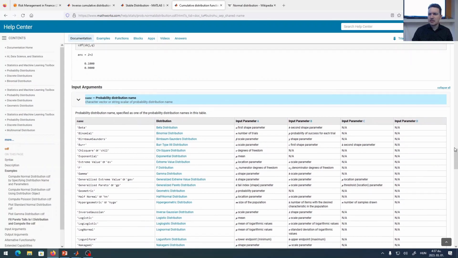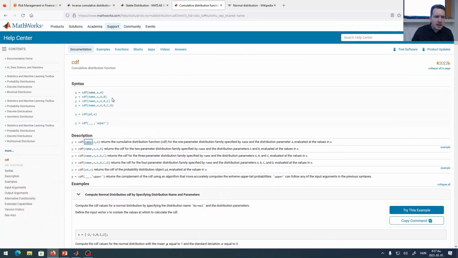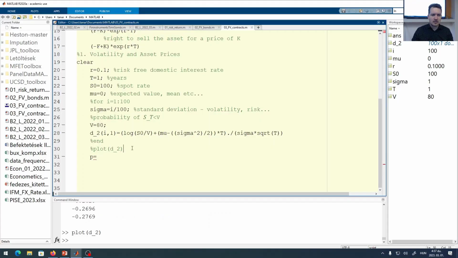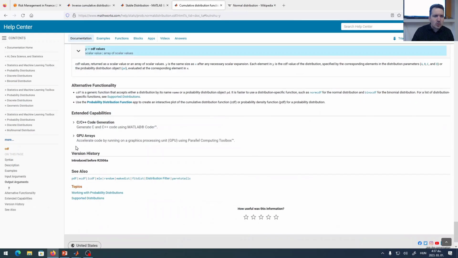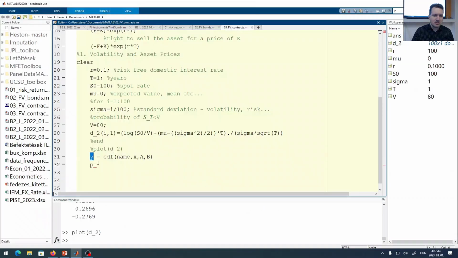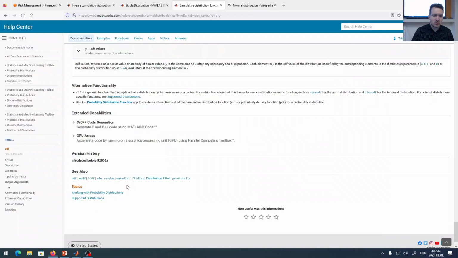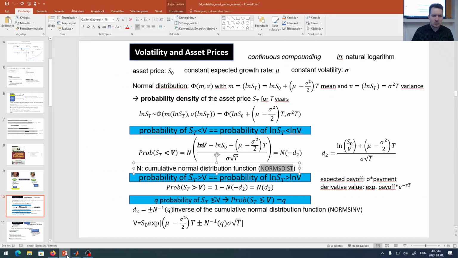So you can see here that if we are taking CDF values, this is probability, relative normal distribution.